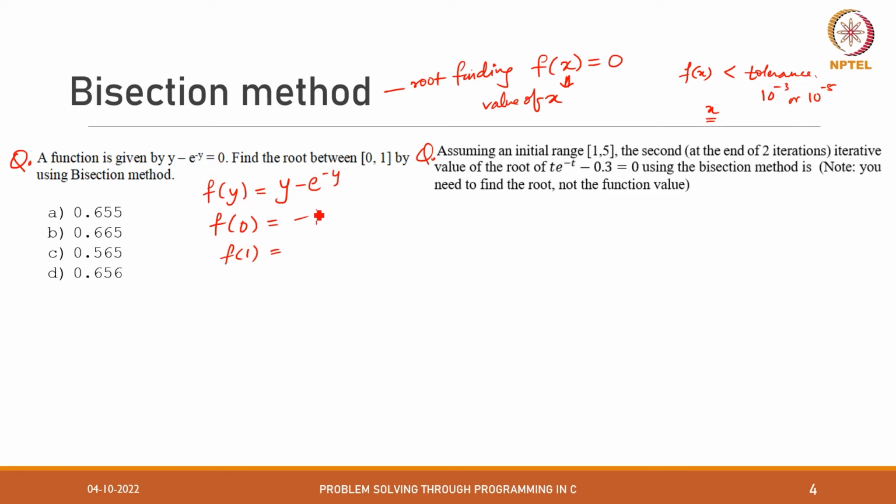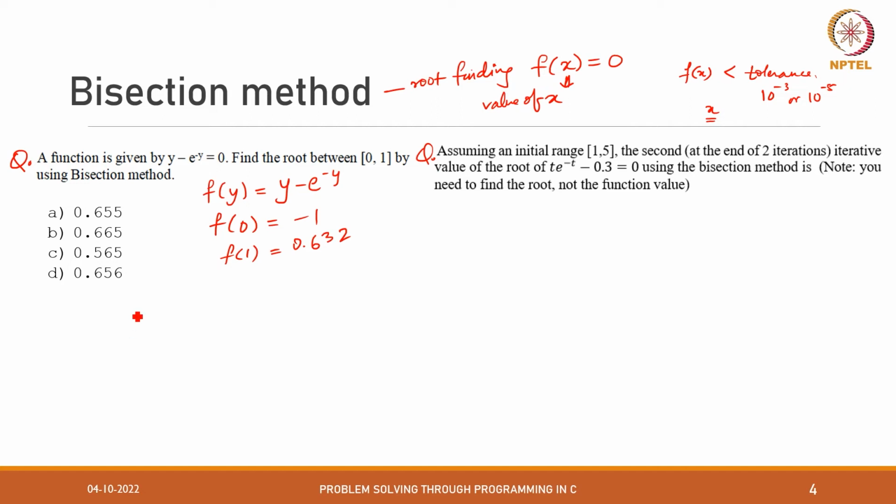Now we calculate f of 1. How much is f of 1? Calculate it and tell me. It has a value of around 0.632. You can notice here that one value is negative and one is positive.